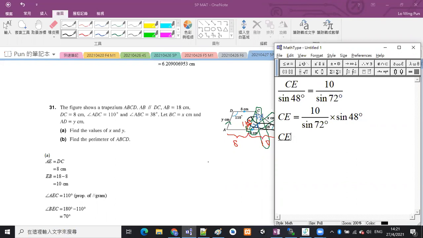Wait, am I correct? Oh, wait, sorry. It should be 38 degrees, not 48 degrees. Okay, so it should be 10 times sine 38 divided by sine 72 degrees. Should be 6.47 something.